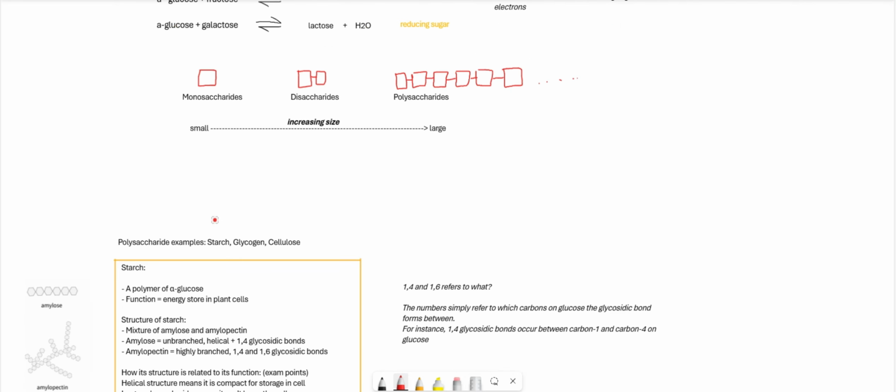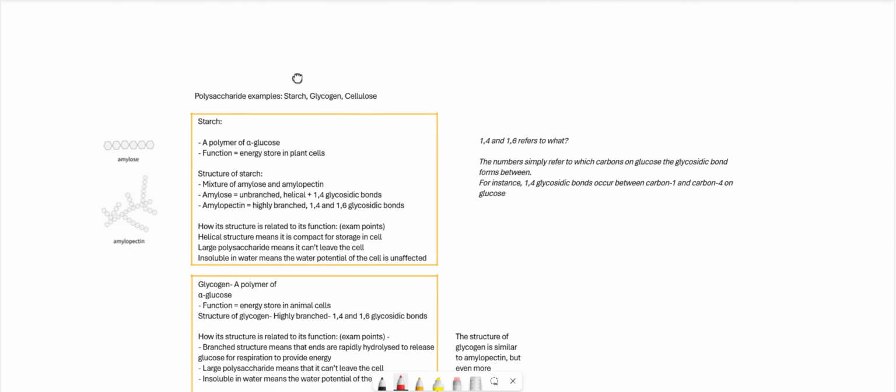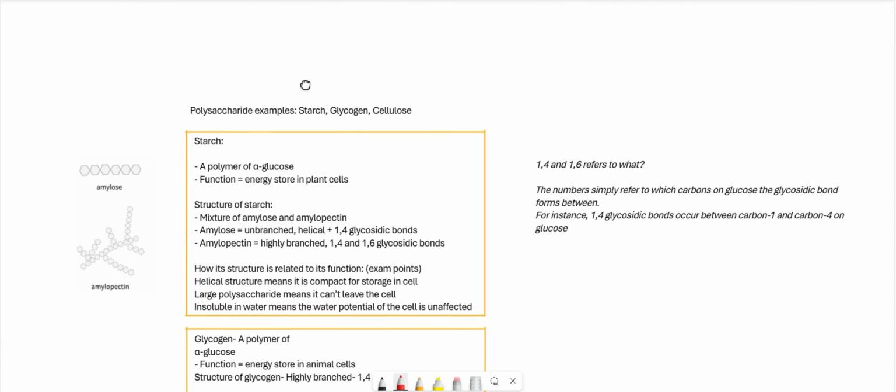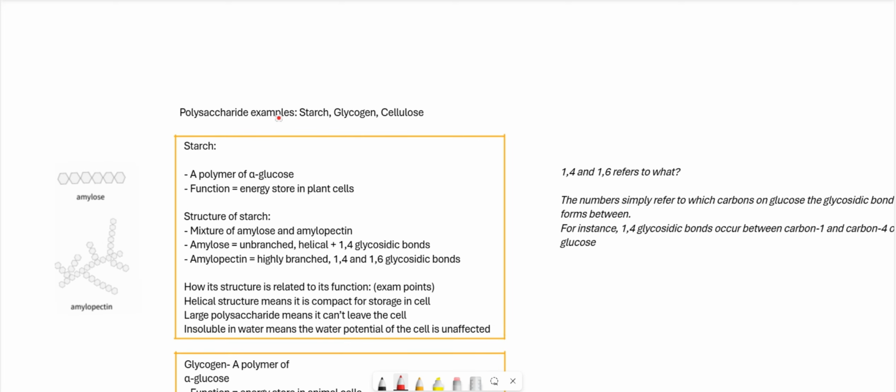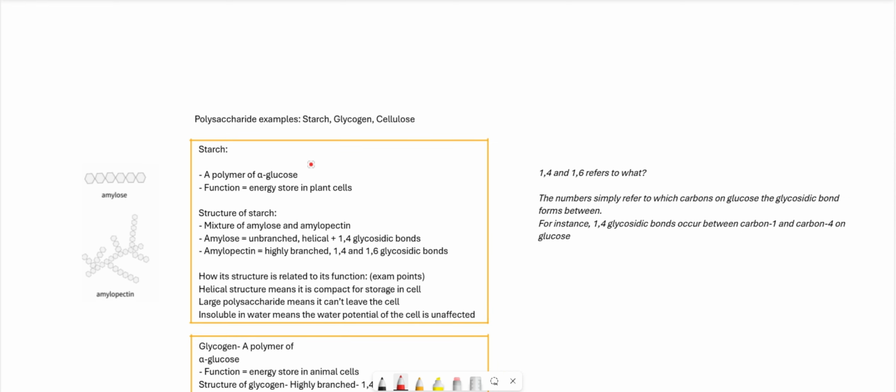Now, this bit also includes memorization, of course, which is polysaccharide examples. We have three examples of polysaccharides that you should be aware of. The first is starch, the second is glycogen, and the third is cellulose. Everything that I'm showing on the screen is something that you need to memorize and be able to answer, and that could come up in the exam.